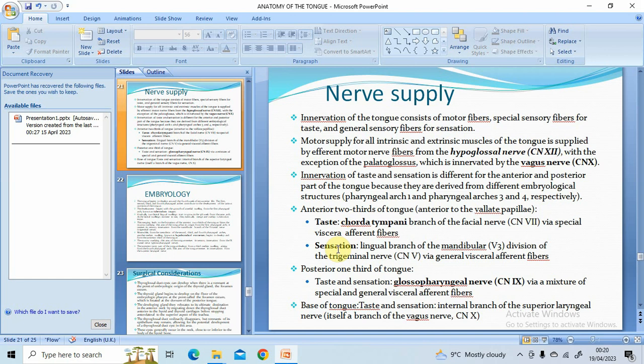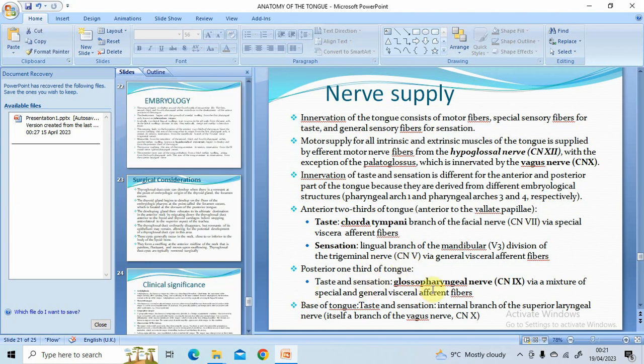So for the sensation, the lingual branch of the mandibular division of the trigeminal nerve, the cranial nerve 5, via general somatic afferent fibers. So for the sensation, it is the mandibular branch of the trigeminal nerve that is responsible for sensation at the anterior two-thirds of the tongue.